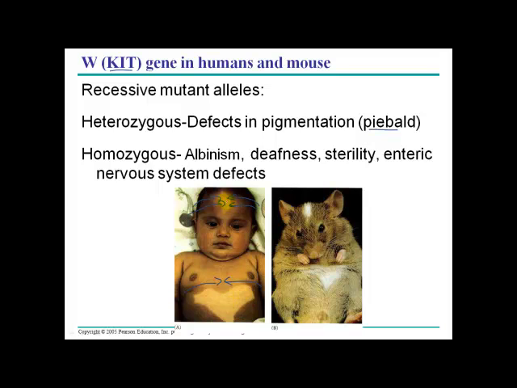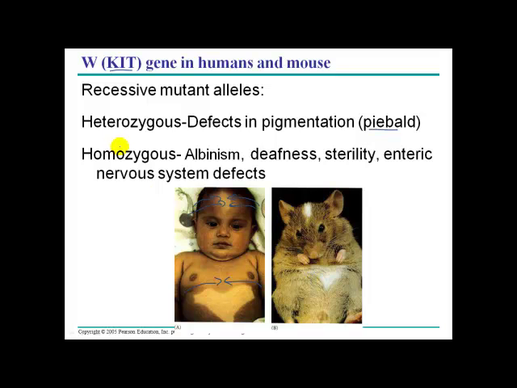Interestingly, you see exactly the same phenotype associated with that heterozygous genotype in mouse, and it really does demonstrate that humans are basically just giant hairless mice when we see these kinds of similarity in phenotypic expression.